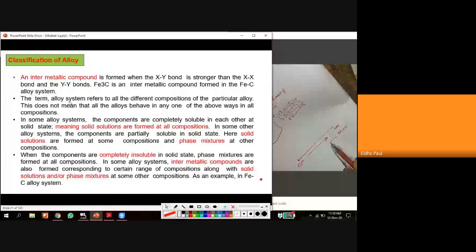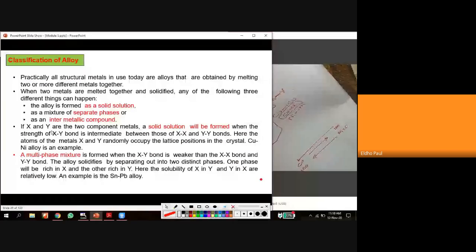Okay, so for example, in this case a solid solution will be formed. A solid solution is formed for an alloy system means that in the entire region, or in any composition of copper and nickel, there will be a solid solution.